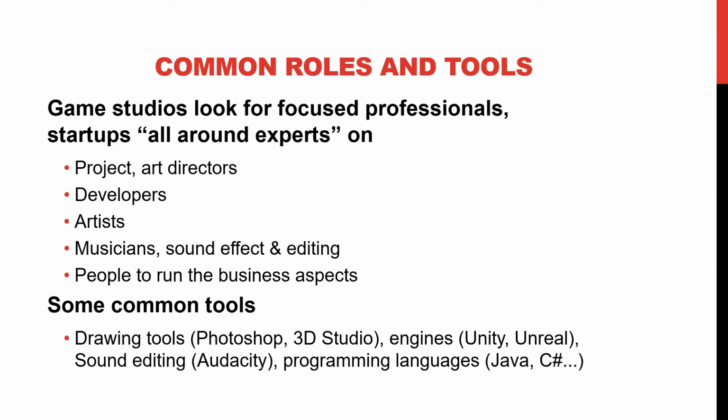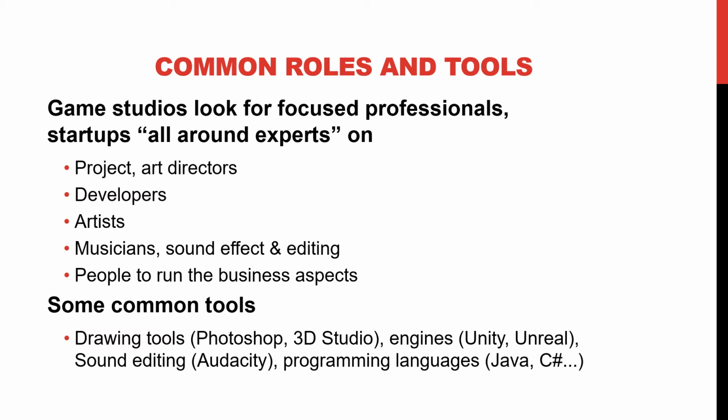So, of course, there are also different things that the different types of game studios tend to focus on. For example, large game studios. They want to have focused professionals because they have already several people working for them. So they want to have absolutely the best people for that role or that job they can possibly find.